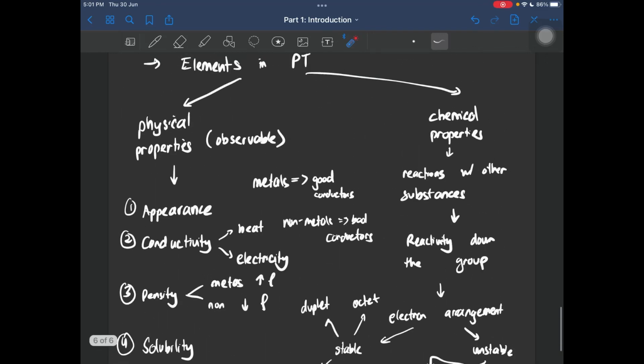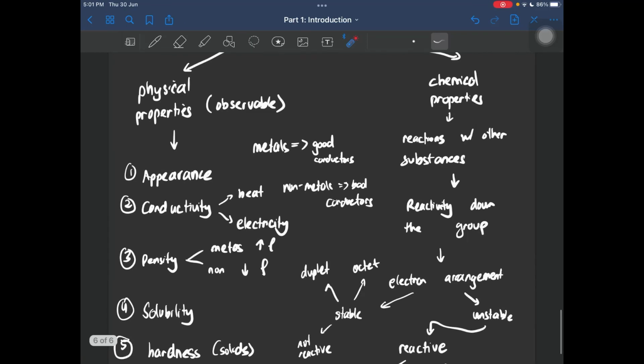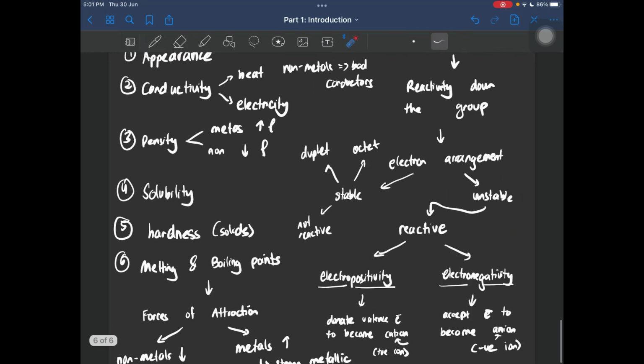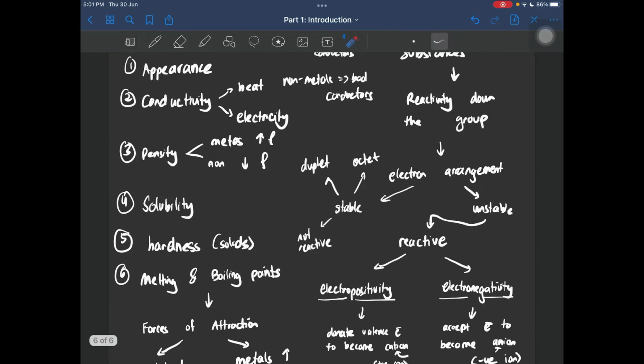And then we learned that the chemical properties of the elements are determined by the reactivity of the elements with other substances, and this reactivity differs down the group. The difference in reactivity is dependent on electron arrangement. So if it is stable, it is not reactive, and if it is unstable, then it is reactive.